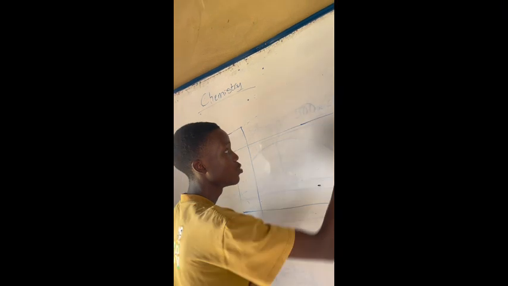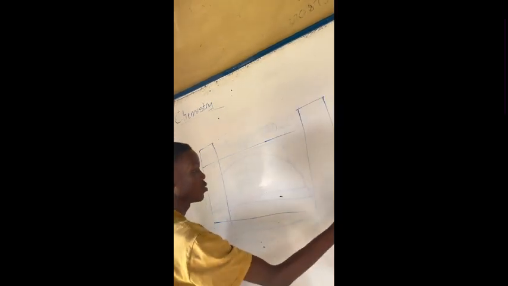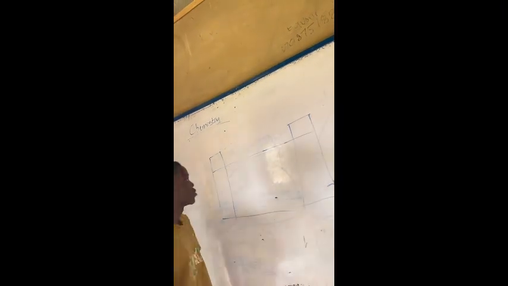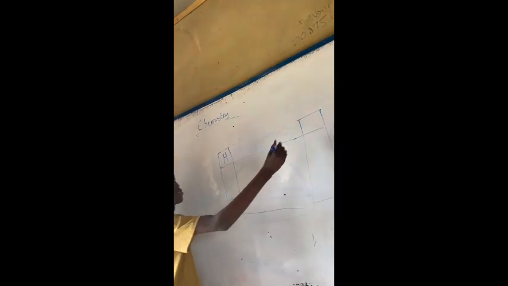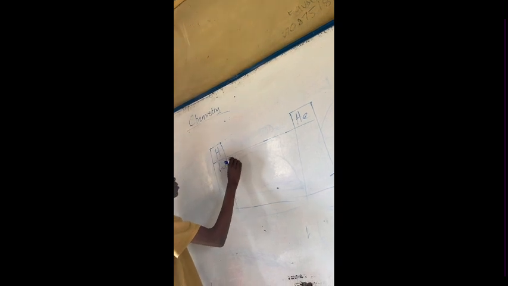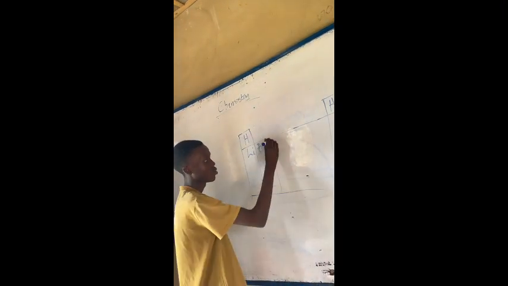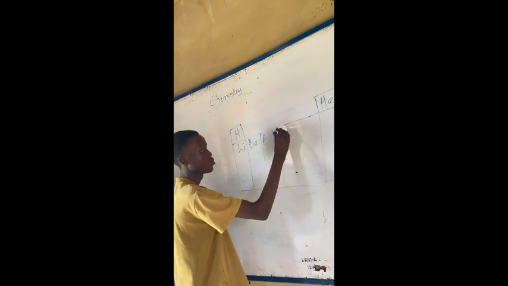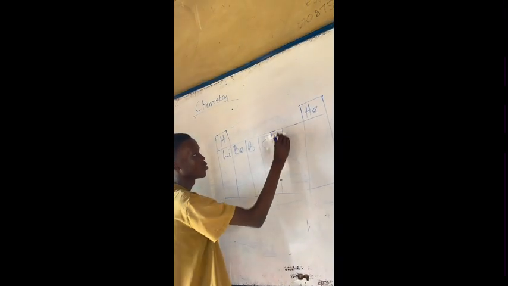Let me just include the first 20 elements. So this will be hydrogen, and this will be lithium, beryllium, boron, carbon, nitrogen.